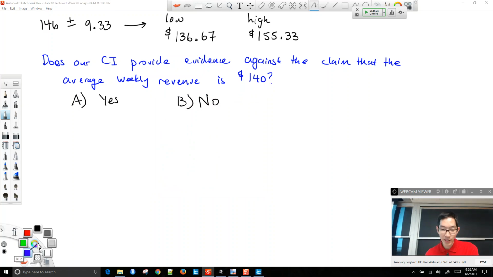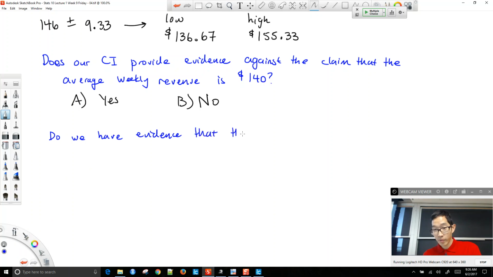Okay, and then so if I said, do we have evidence that the mean is 140? You would all say what? You would also say no, because confidence intervals. Well, okay, so I'm sorry.